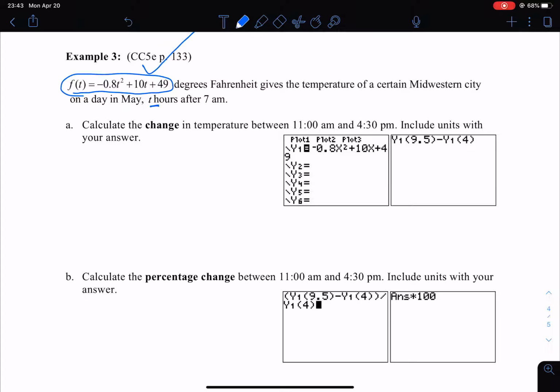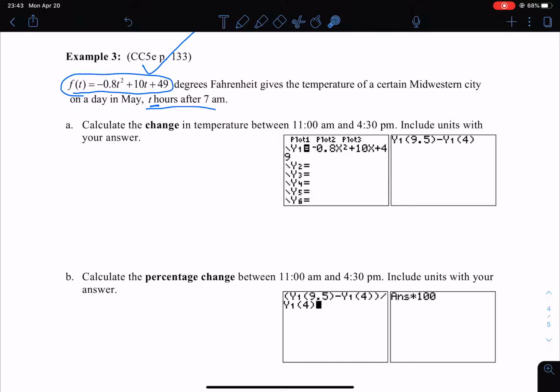The unit is hours. t is hours after 7 a.m. For the change, it's f of x2 minus f of x1. In the calculator, we have y1, which is the function equation, and the change is y1 of 9.5 minus y1 of 4, because 11 just means 4 hours after 7 a.m.